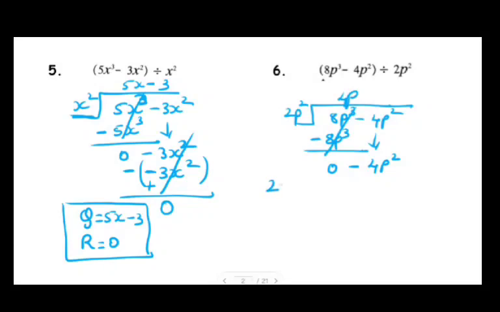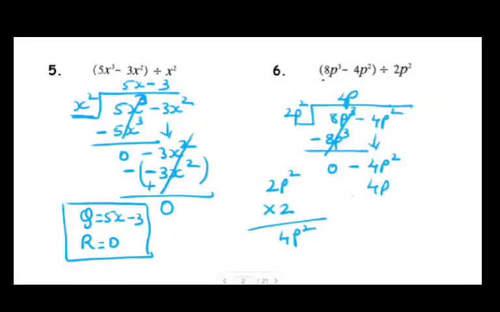Now 2p square multiplied by 2 gives me 2 2s are 4. P square, I don't need to multiply it with anything simply because I have my p square. I have the same degree. So here, if I multiply it with 2, I get 4p square.